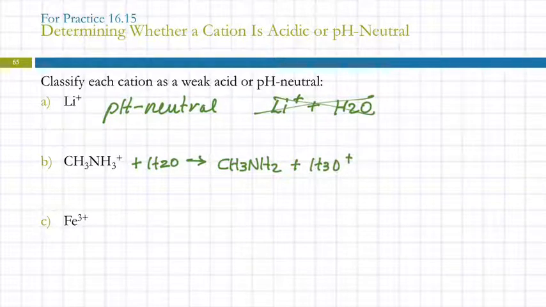Lithium has no hydrogen on it, right? But this one has hydrogens and a positive charge. This is very much like NH4+, and this is very much like NH3. This is one of those weak bases. So, is this ion a weak acid or pH neutral? It's a weak acid.